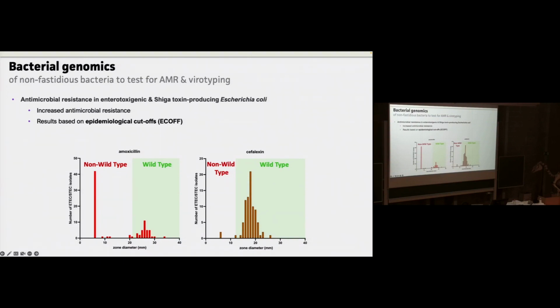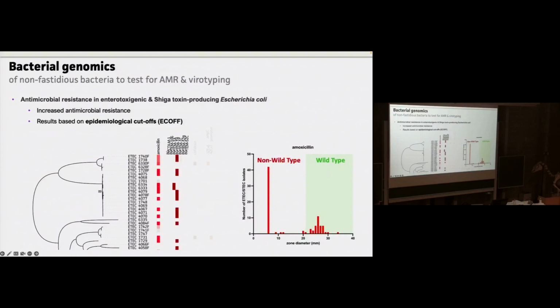So as you can see, we have here the amoxicillin, in which we have a very big population that shows the non-wild type. In the cephalexin, for example, on the right, we have a very small population belonging to this resistant population. Now, we want to get this genetic information. We want to get rid of the culturing, so we want to know genetic markers to use in our metagenomics approach.